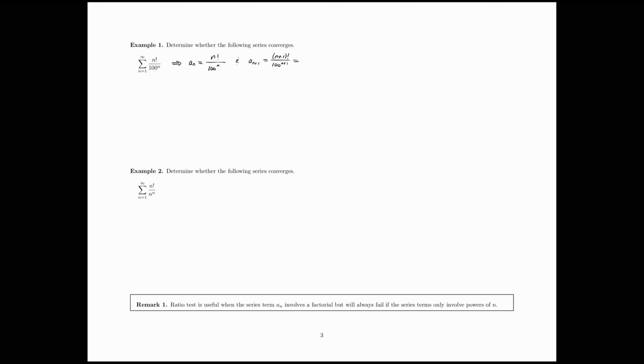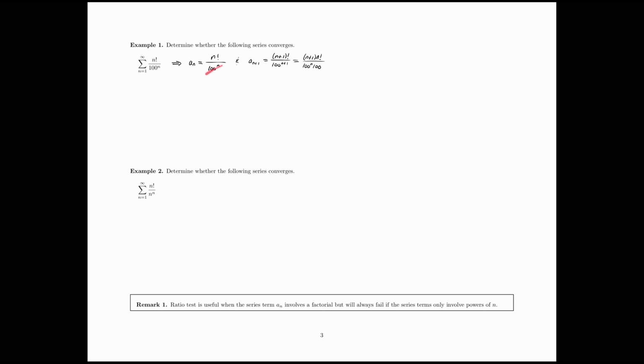For the ratio test, you'll always find it very convenient to rewrite your factorials like this and split apart those powers. The reason being is since we're going to divide these two terms, we eventually want to cancel things.